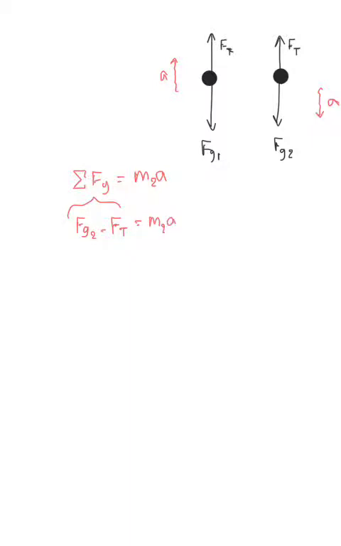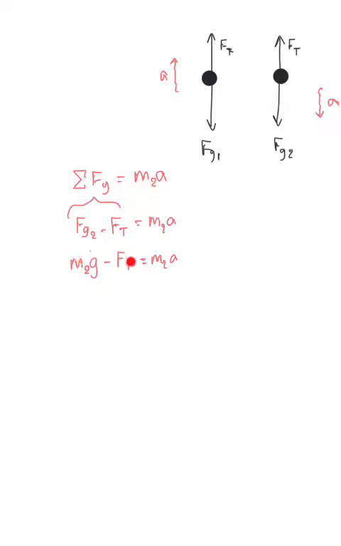And we have a formula we can plug in for the gravitational force. The gravitational force is mg, minus Ft equals m2a. Remember, we're still talking about block 2, so on this mass, we want to make sure that we indicate that is block 2. So the formula now is m2g minus Ft equals m2a.